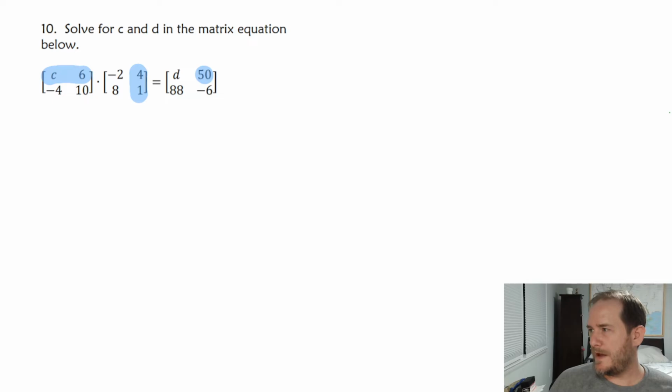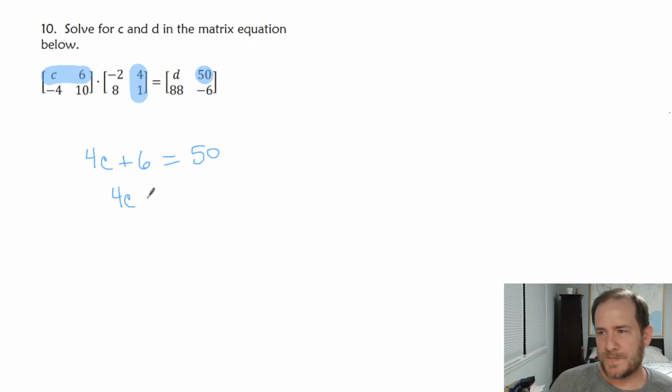Two unknowns would be bad. But thinking that through, you can see now that we'll get an equation where C times 4, or 4C, plus 6 times 1, so 6, equals this entry, the 50. So you get 4C equals 44, so C is 11.